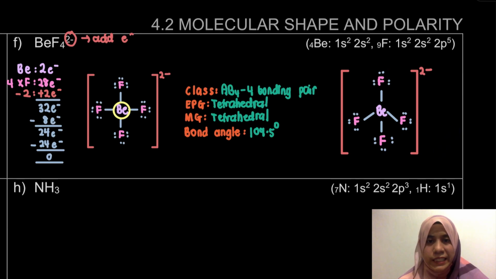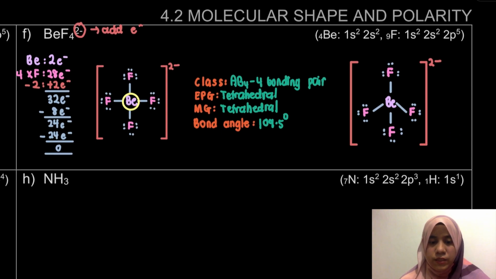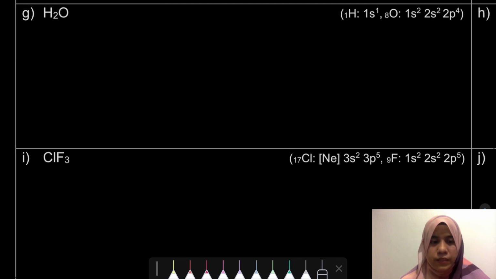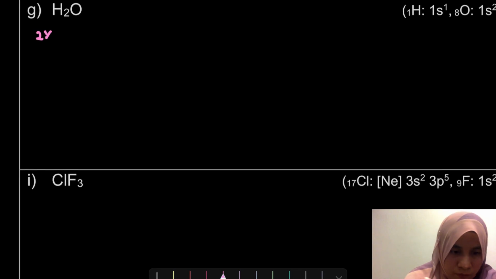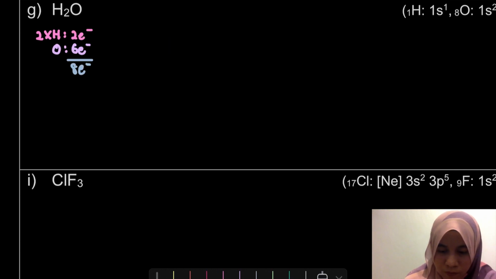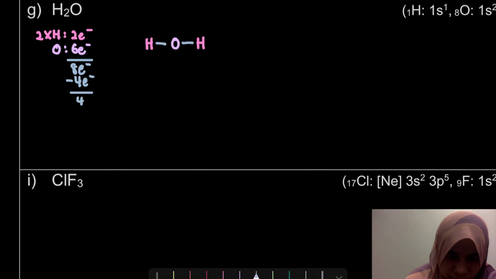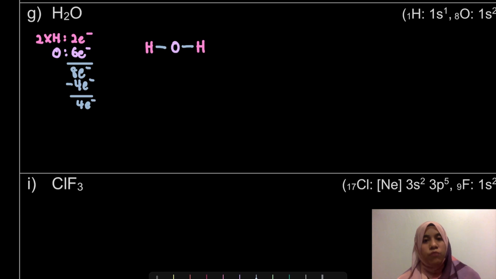Okay, so sekarang ni let's look for example G. So example G. Tada! Okay, so example G ni, let's do it together. Okay, so sekarang ni for the case of water itself, if you still remember, senang nak tahu, central atom tu usually the least number.